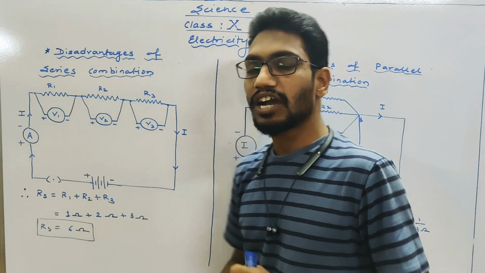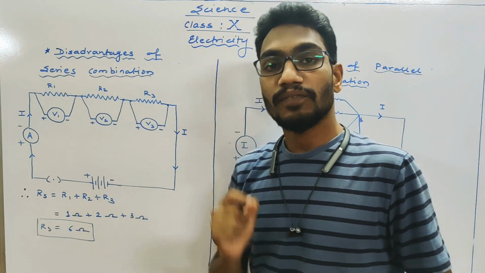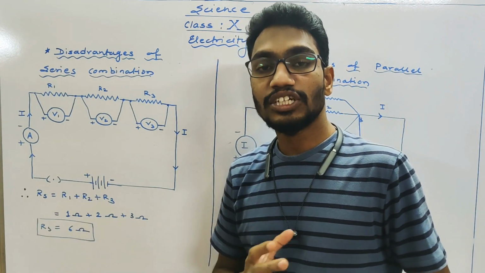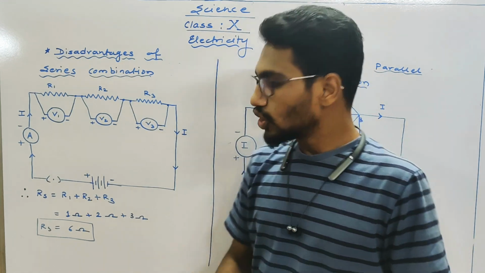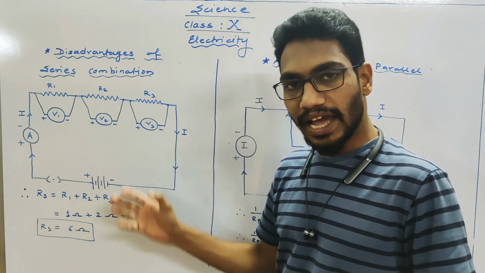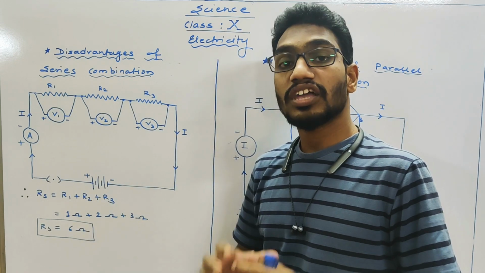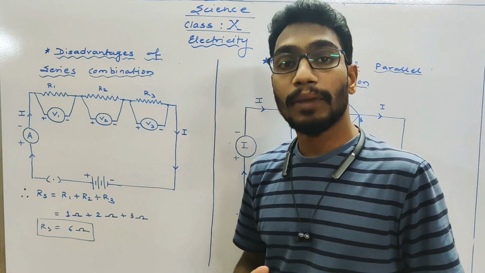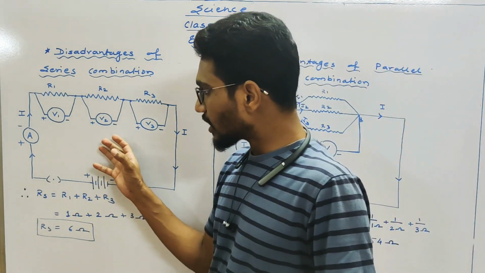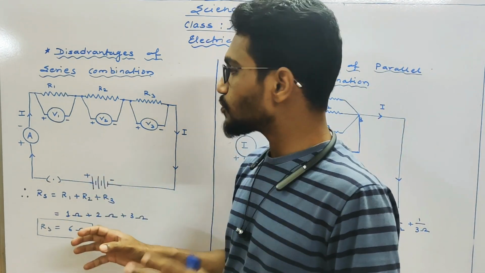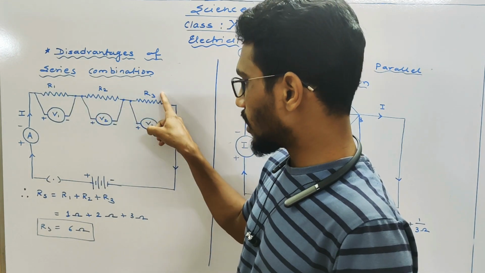But before we start with today's topic, we are going to revise the taught portion about series combination and parallel combination. So this is the definition, this is the diagram that explains the connection of electrical appliances in series combination. Looking towards this diagram, there are three resistances provided, R1, R2 and R3.